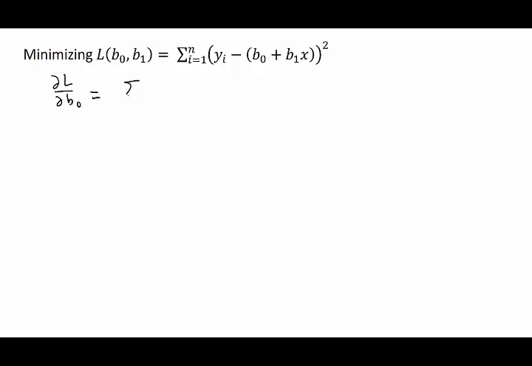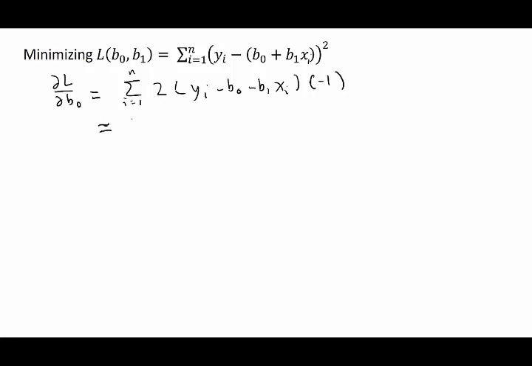We differentiate inside the sum, and we use the chain rule. So that's going to be 2 times (yi minus b naught minus b1 xi), and that xi is missing again, apologies for that typo. And then times the derivative of the inside with respect to b naught, which is negative 1. Now we can simplify this by pulling out the sum.